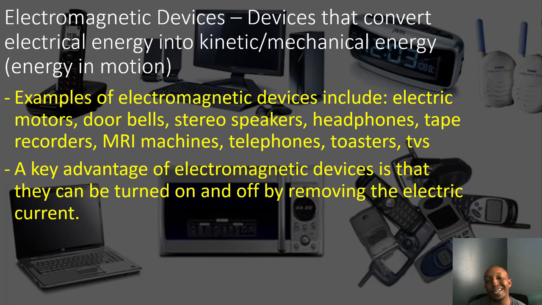And remember, once again, the key advantage of electromagnetic devices is that they can be turned on and off by removing the electric current. If we look at all of these devices in the background, all of them require some type of battery or voltage source, whether they have to be plugged in or they have batteries directly. And remember, you can turn all of these items on and off. That's a key advantage of electromagnetic devices.